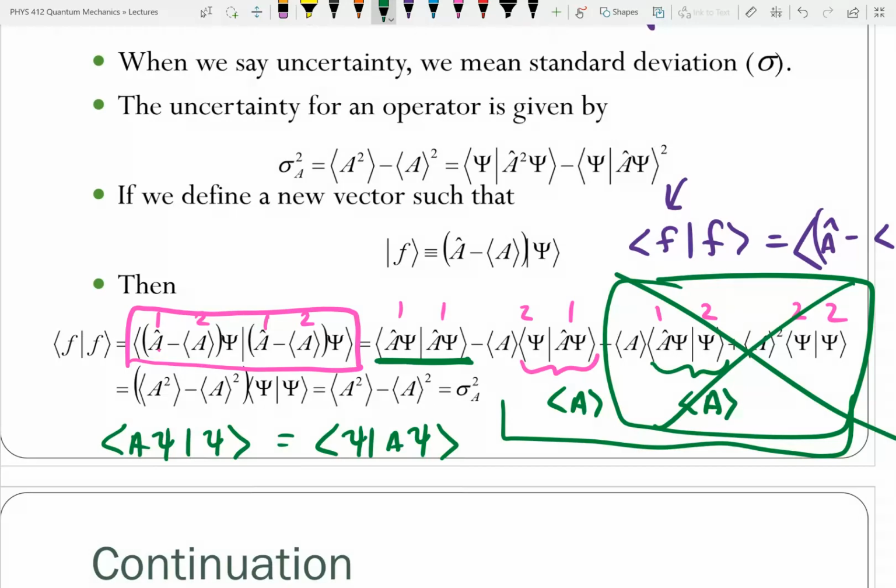And so since I had an A there and an A there, just make that an A squared. Hence the expectation value of A squared. So bra F ket F is equal to the uncertainty in A squared. That's why we introduced it. Well, it's half of why we introduced it.